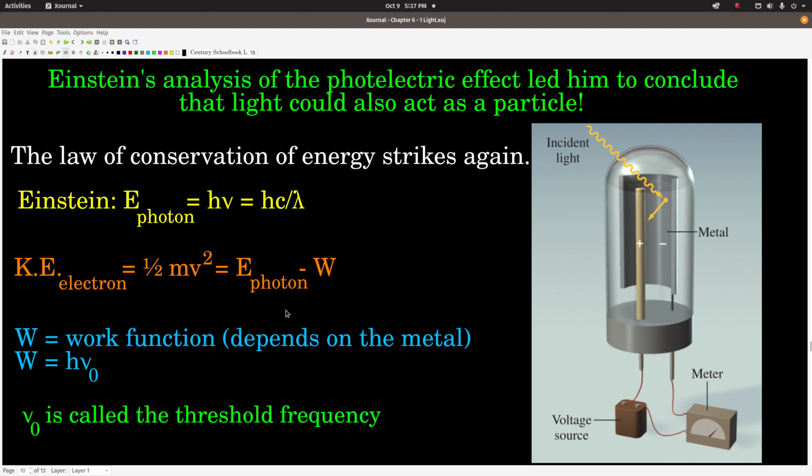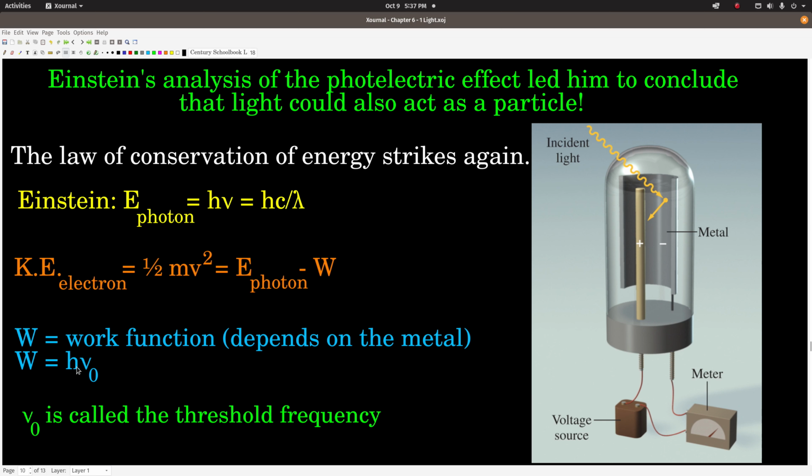Now it ends up that the law of conservation of energy tells us that the kinetic energy, the 1/2 mass times the velocity squared of this electron that's kicked off, is equal to the energy of the photon that hits that metal minus the amount of energy that it takes to rip that electron away from the metal. And that takes some amount of energy. The amount of energy it takes to pull that electron away from the metal is called the work function, and it's different for every different metal.